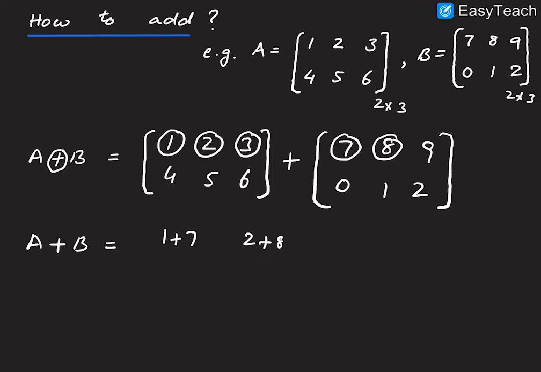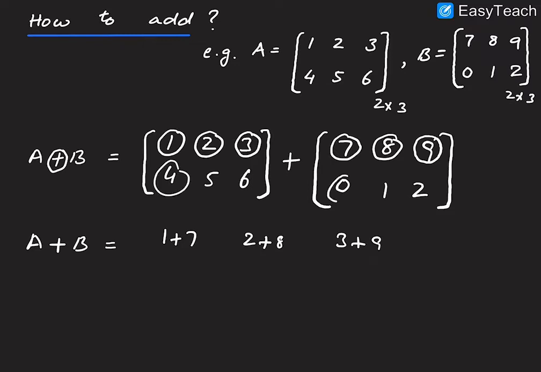For example, this 3 is the element of first row and third column. And you have to add 9, 3 plus 9, 9 is also first row and third column element. So here also we are writing 3 plus 9 at the place of the first row and third column.